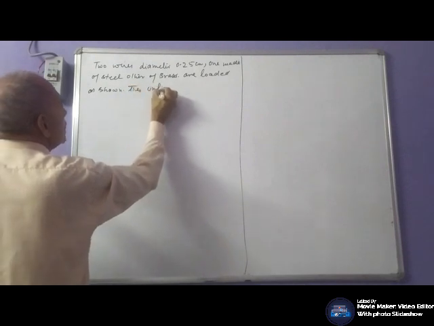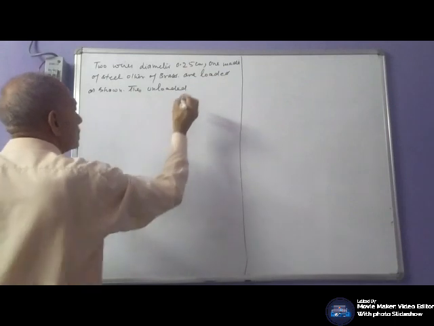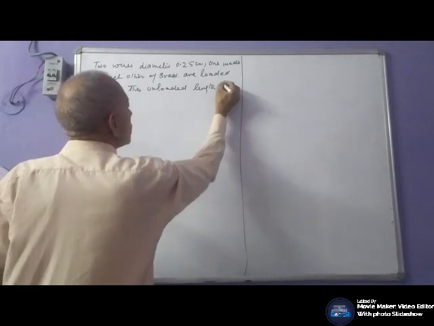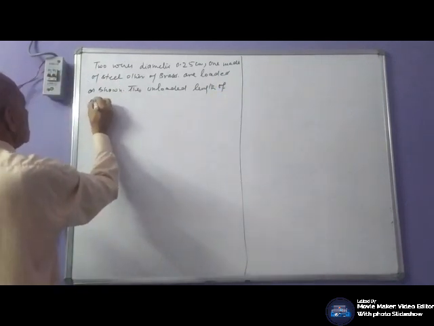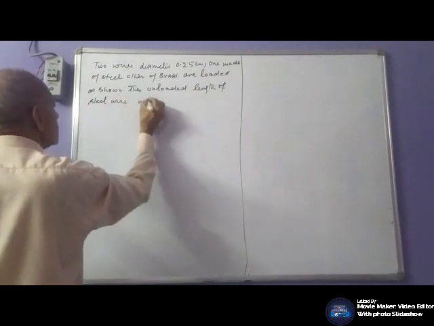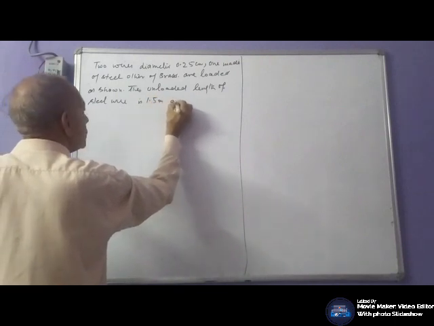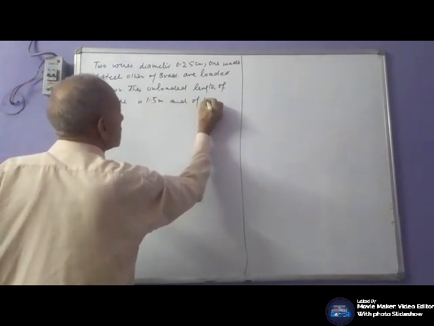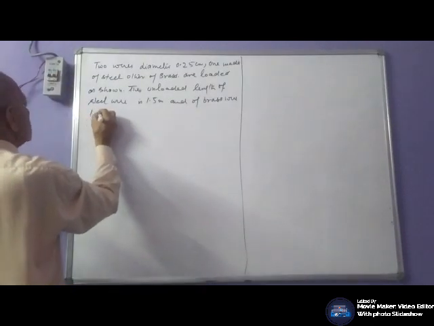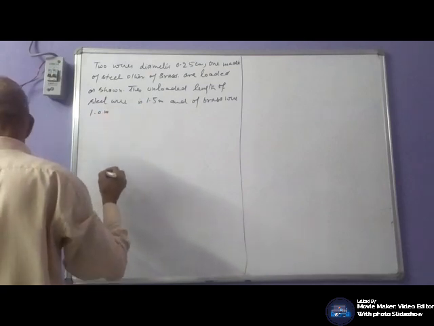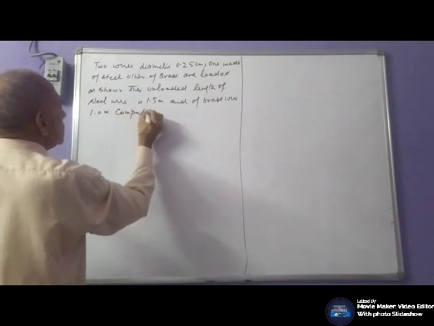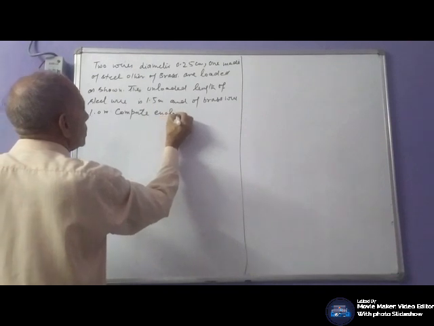The unloaded length of steel wire is 1.5 meter and of brass wire it is 1.0 meter. Compute the elongations.